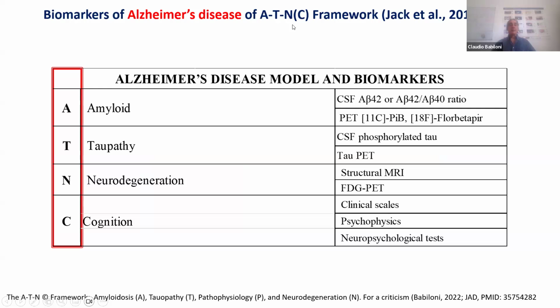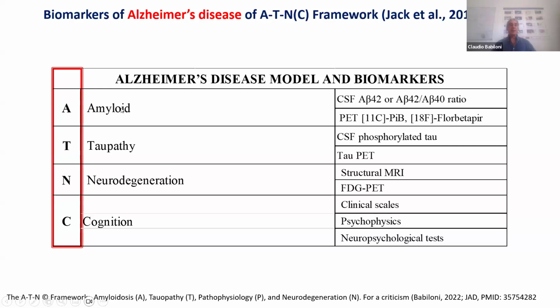The National Institute on Aging in the United States and the Alzheimer's Association published these clinical guidelines as a framework for the use of biomarkers for the neurobiological diagnosis of Alzheimer's disease.